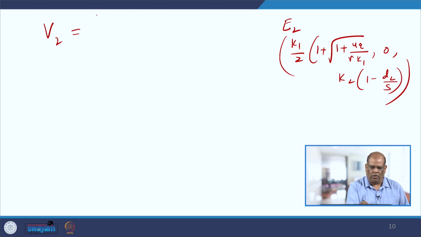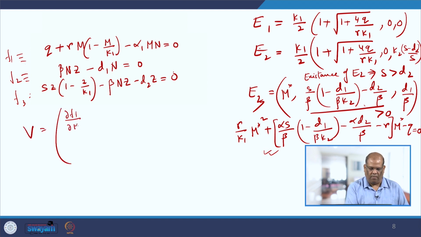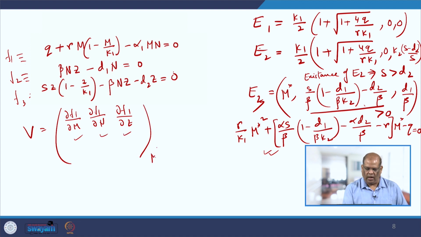So, when I say Jacobian matrix, it means that you will take this as some f1, this as some f2 and this as some f3, these expressions, and then find out the Jacobian matrix as del f1 del m, del f1 del n, del f1 del z, and similarly for the other two functions at the equilibrium point m star, n star and z star.